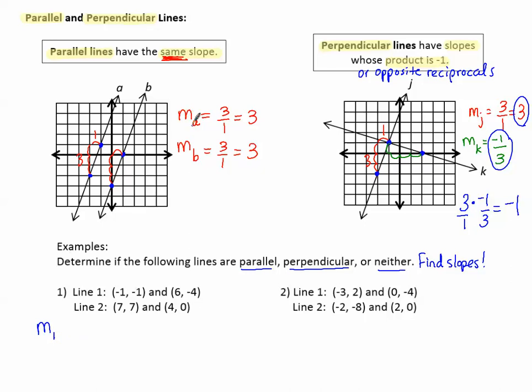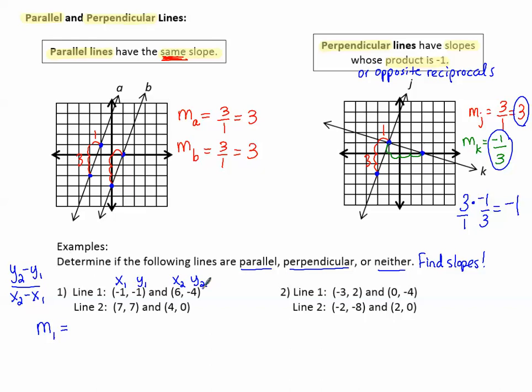M for slope, with a subscript of the line that I'm finding. So slope of line 1 equals. Now I'm going to use my slope formula. Let's recall that it's y sub 2 minus y sub 1 over x sub 2 minus x sub 1. X and y is how we label the points. This is my first point, and this is my second point, just because it comes in those orders.